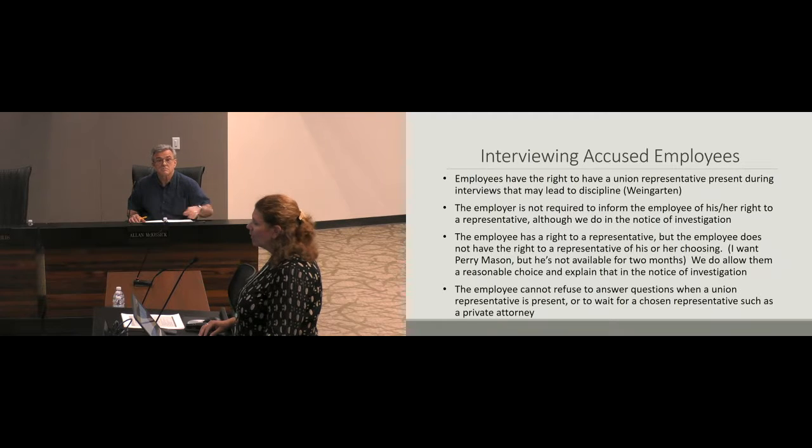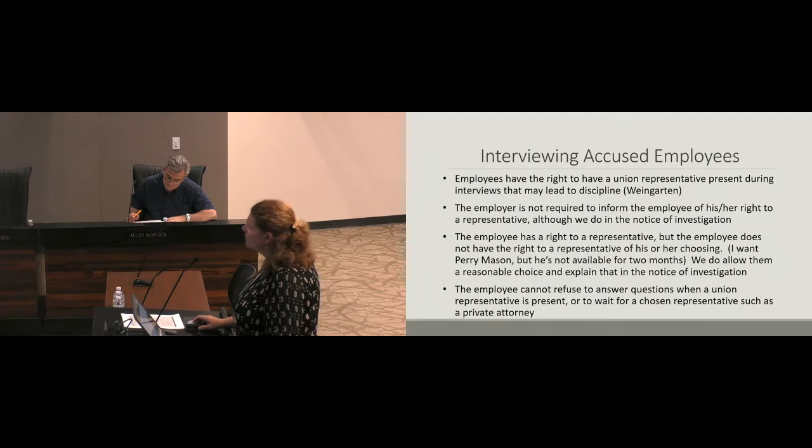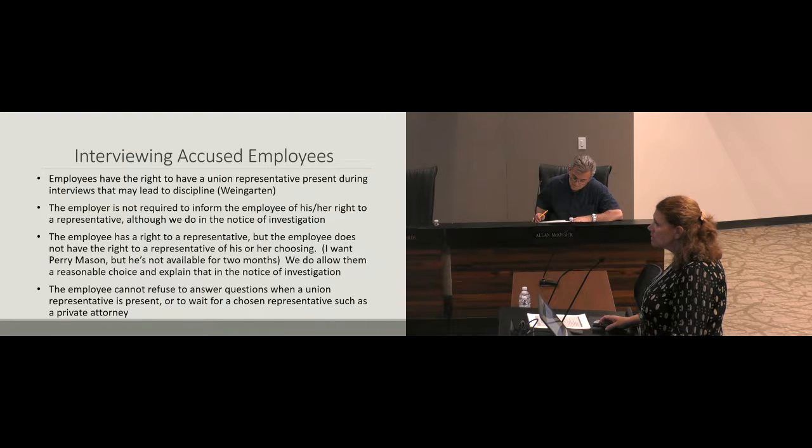For example, I want Perry Mason, but he's not available for 2 months, so we don't postpone the investigation just because Perry Mason can't be there. There are other trained union representatives, and it doesn't necessarily have to be a union representative, although a lot of times they are the person, but I've had employees bring their spouse, their attorney, their pastor, their best friend, so it's just a representative to attend the meeting with you.